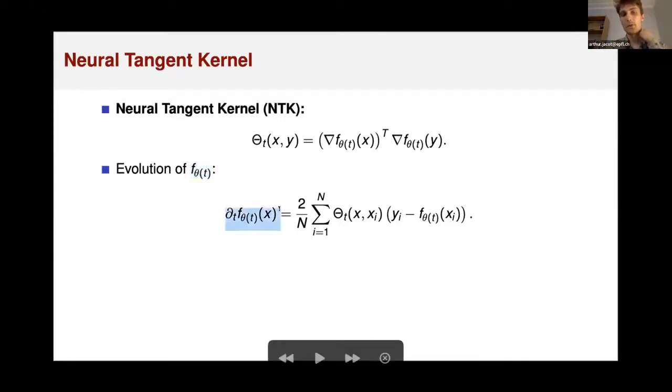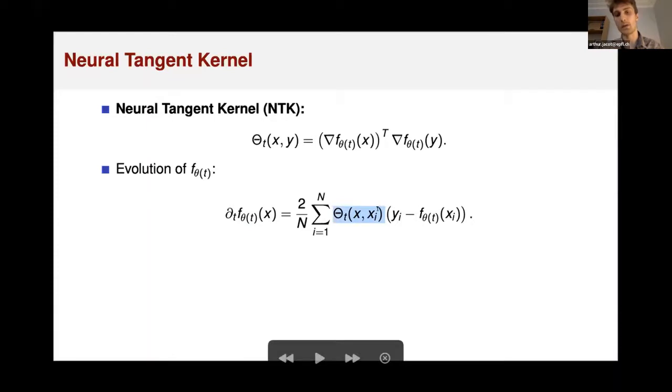As the parameters follow gradient flow on the cost, if you want to know how the output of the network function at a point x evolves, you get a formula which involves the NTK, which is a sum over all training points, and essentially the NTK tells you how much the training point xi is going to affect the evolution of the network function at another point x, in a sense.